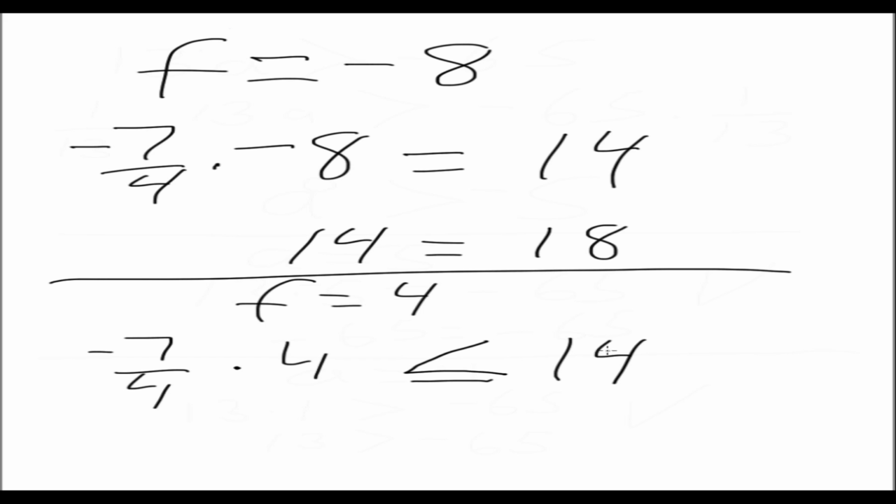And a negative times a positive is going to be a negative, and 4 over 4 is just 1, so I'm going to get 1 times -7, so I get -7, which indeed is less than or equal to 14. So that checks.